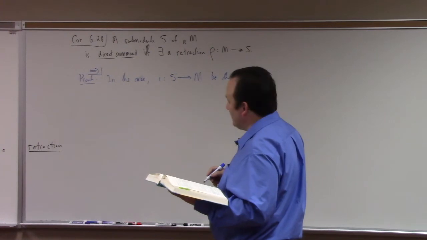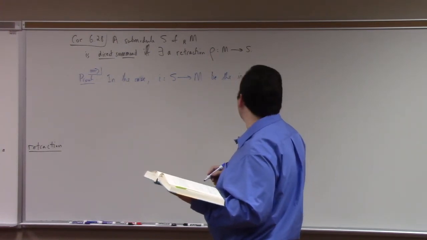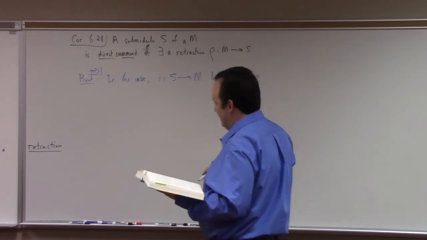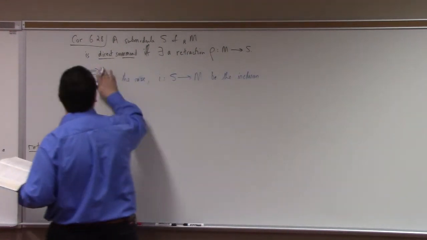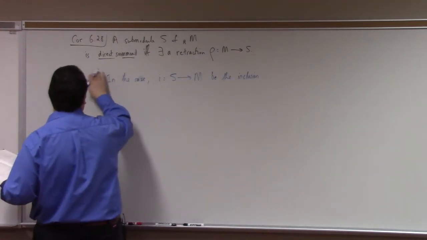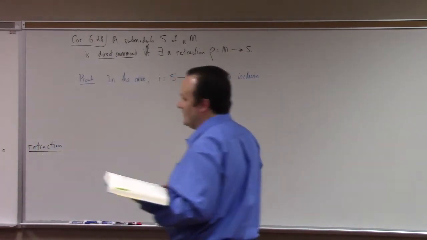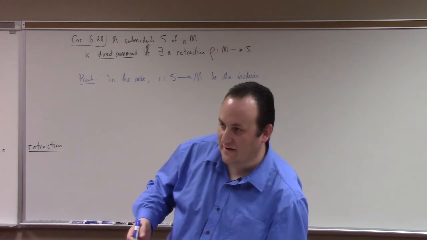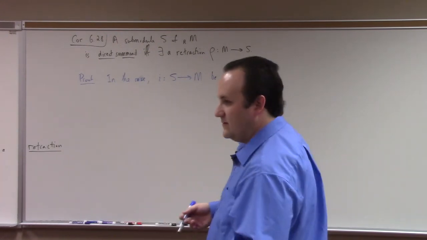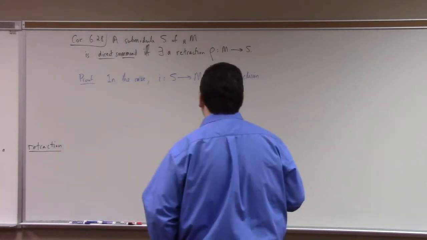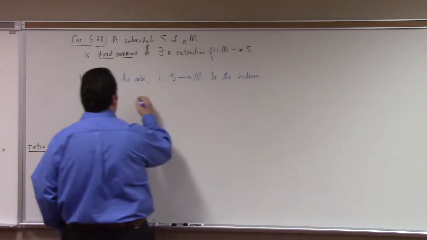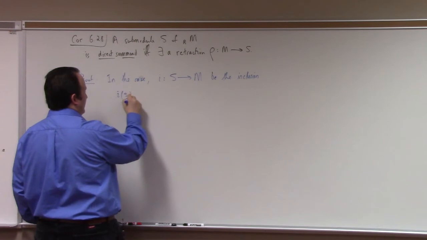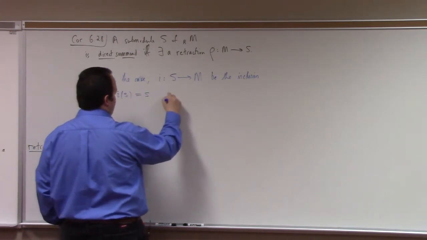We show that M is S plus T, so I'm wrong. I guess we could look at the inclusion of a submodule, whatever else we've assumed. That's independent of the assumption of direct summand or retraction. It's the identity map extended. So I of s is equal to s for all s in S.